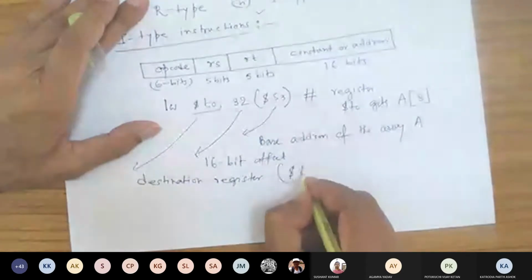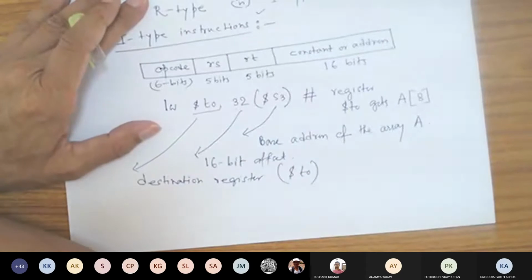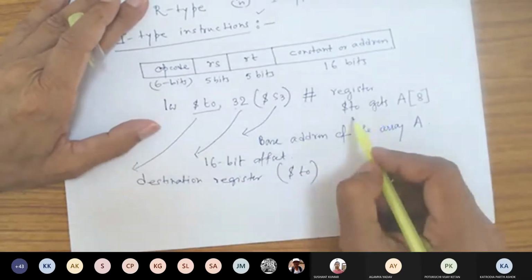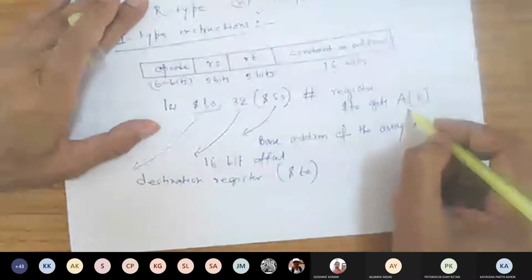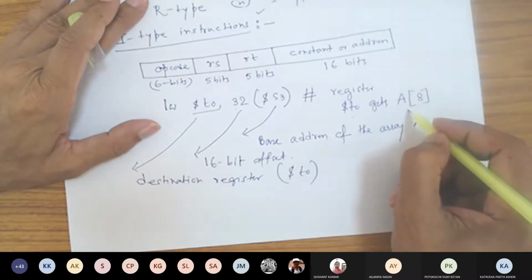Where it is $T0. So $T0 gets the integer which is stored in memory location A8. A is the base address.